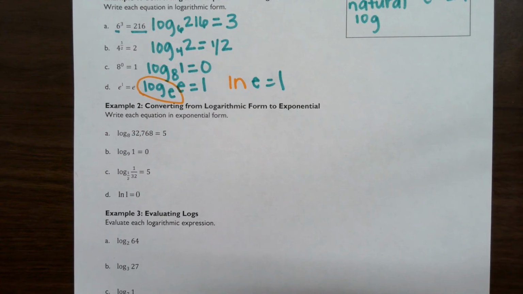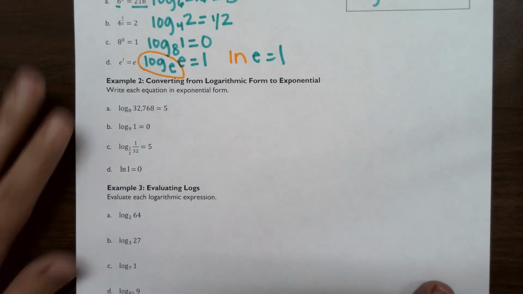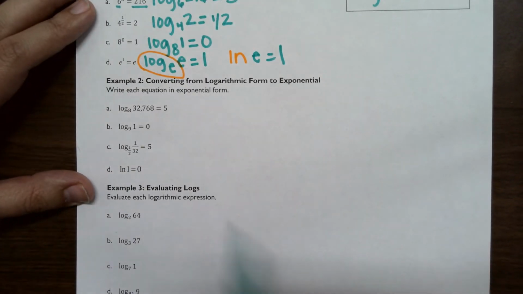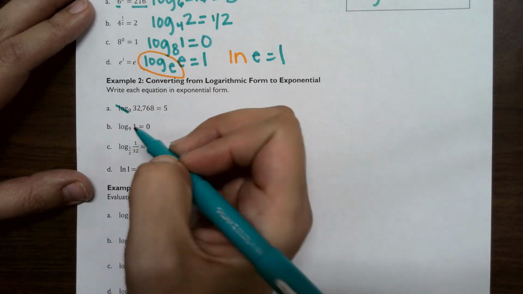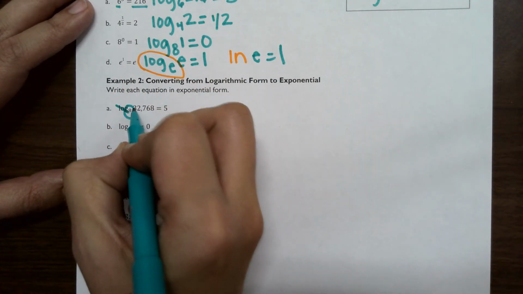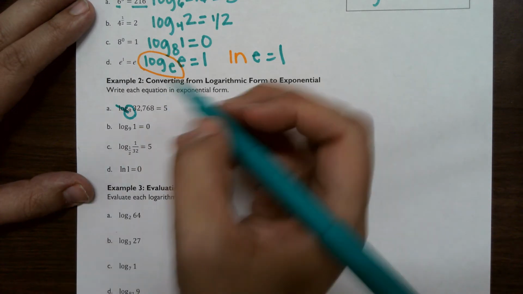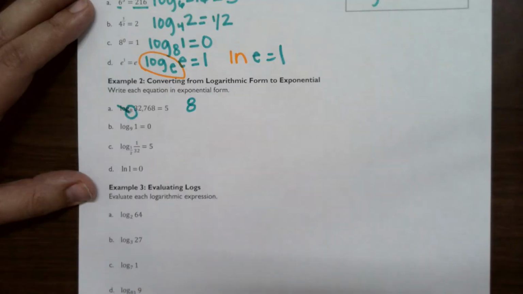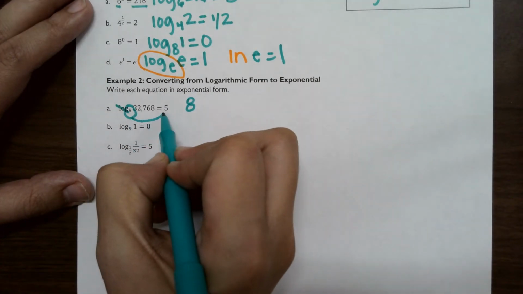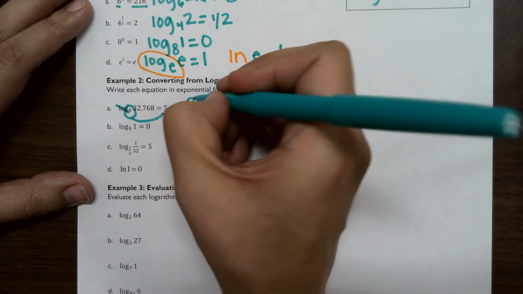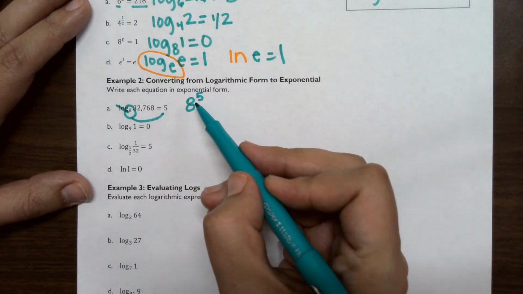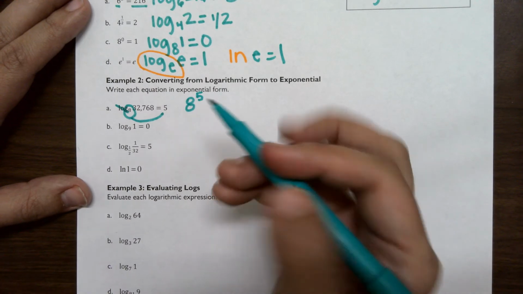All right, the second section there, we are now converting from log form to exponential. So when you do that, you get rid of the log. The little number is your base, which we write normal size in exponential form. The number after the equals is my exponent, so I write that as an exponent, a smaller number.